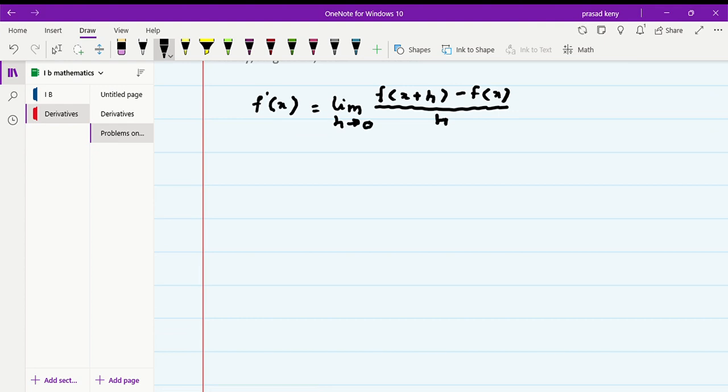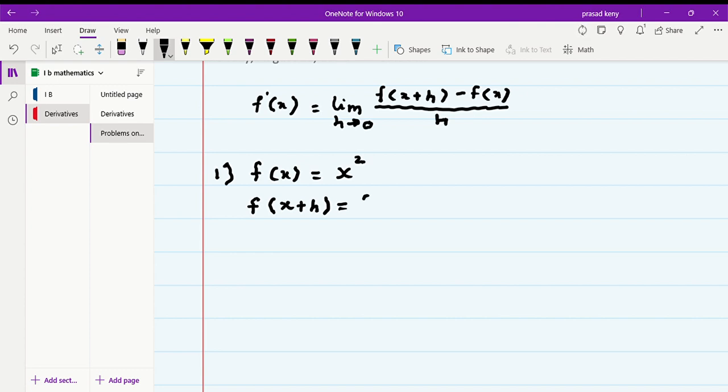So first of all, suppose f(x) is equal to x square. In that case, what will be f of x plus h? F of x plus h means I am replacing x by x plus h.